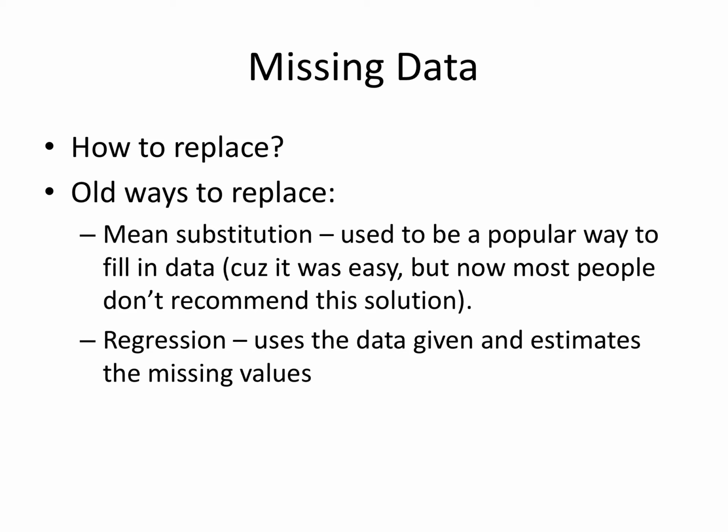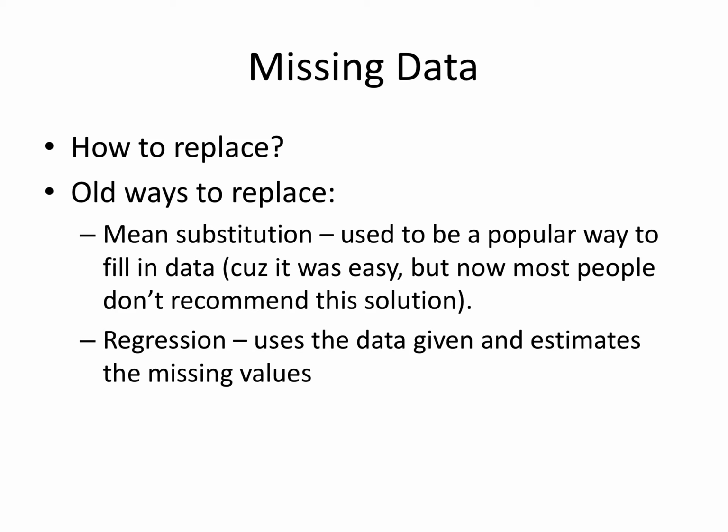Most people now, for fancy analyses, really don't recommend it because it tends to reduce the variance in the data set. And generally that would lead us to a significant result. So we have to be very careful about reducing variance by adding in the mean.